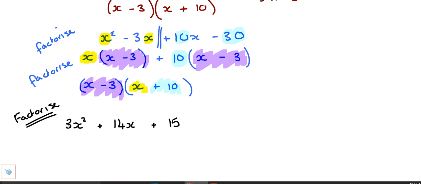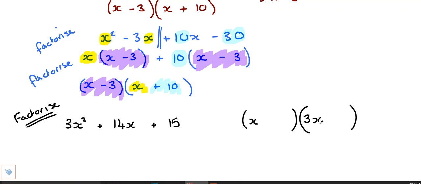Because if I think about it, in my double brackets, why can it no longer be x and x? Because we've got 3x squared. Now actually this case is alright because there is only one way to make 3x squared, and it would be x times 3x. So I kind of know that the brackets are going to be x and 3x.